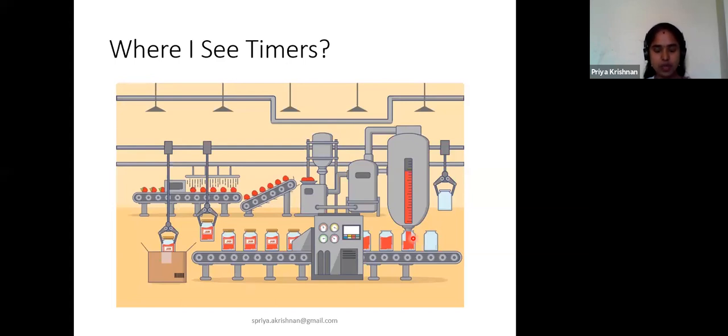Many of you might have noticed this. It is a very good application of a timer. In the steam iron box also you can see timers. There are so many places where you can see this timer.